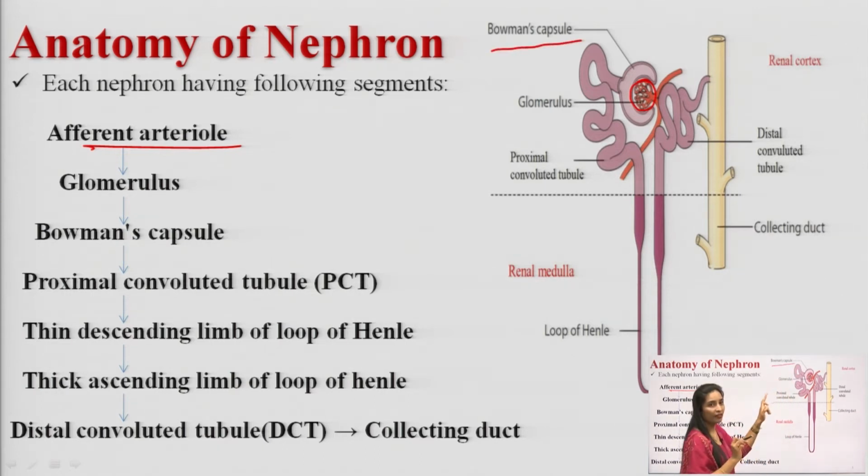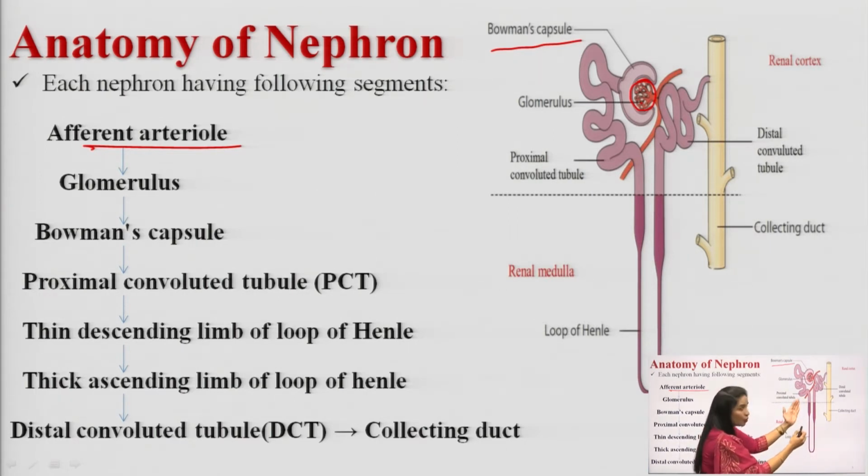How is the nephron composed in sequence? After the glomerulus comes Bowman's capsule, then the proximal convoluted tubule, and after that the loop of Henle.